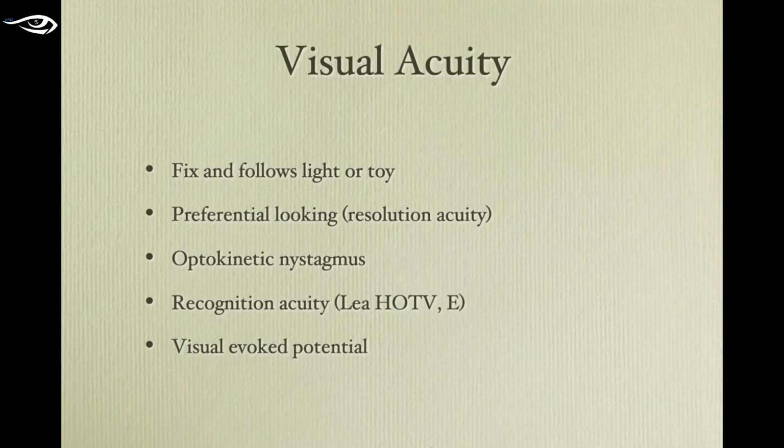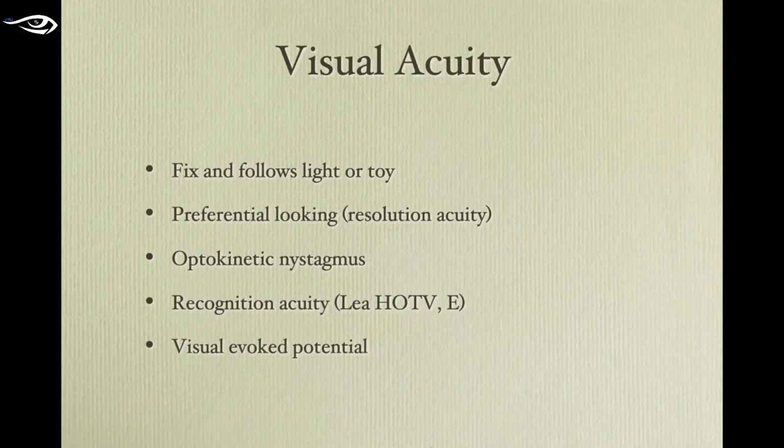It tells you about the electrical connection between the front of the eye and the back of the brain. That's important in many conditions that are, again, outside the boundaries of typical clinical practice. So people talk about it, it's useful in certain settings, but in a clinical practice, you're not going to be doing that, or OKN, or for that matter, preferential looking.